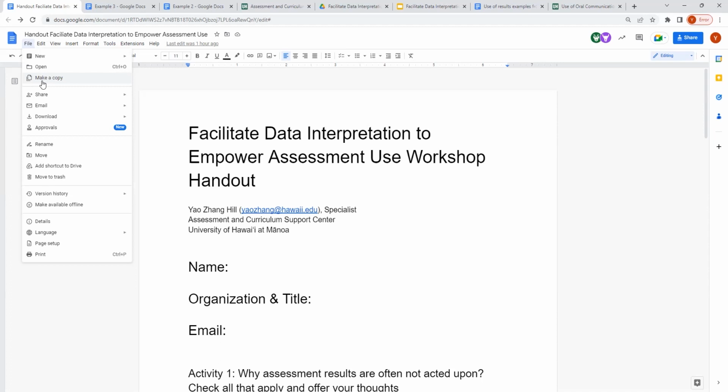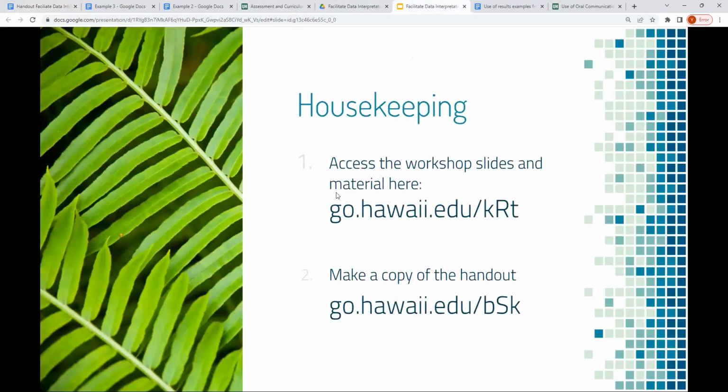If you couldn't find the folder, I understand the Google folder can be so confusing. That's no problem. Just by the end of the session, if you give me the link to your handout, I'd appreciate that. Your filled out handout will be the assessment evidence of this workshop, direct evidence of learning. So I appreciate everybody using the handout to facilitate the learning through this workshop.